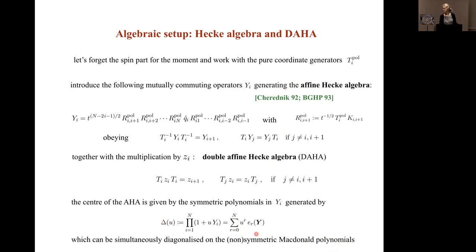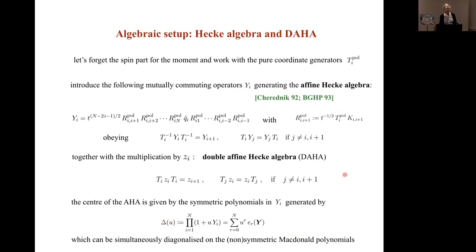This is a separate field in mathematics. The Macdonald polynomials are again polynomials. They can be defined as symmetric or non-symmetric. In fact, these polynomials are the joint eigenfunctions of these Y operators. And the Macdonald polynomials depend on these two parameters, which are T and Q.